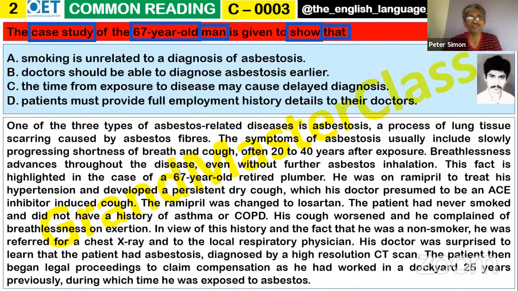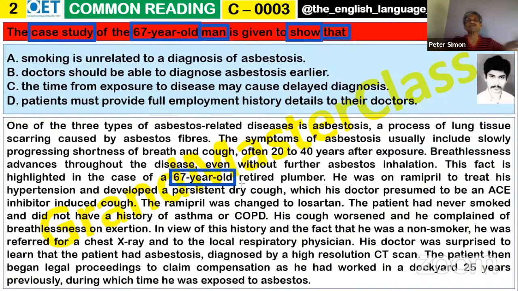This 67 is here. Whenever you write such words in your writing, you have to write like this. Don't write like anything else. Some people write like this, but be careful when you are writing. It is one word. 67-year-old is one word, and it cannot be 67 years old.